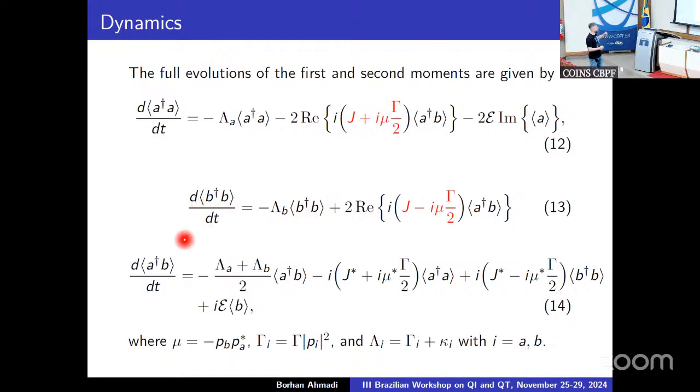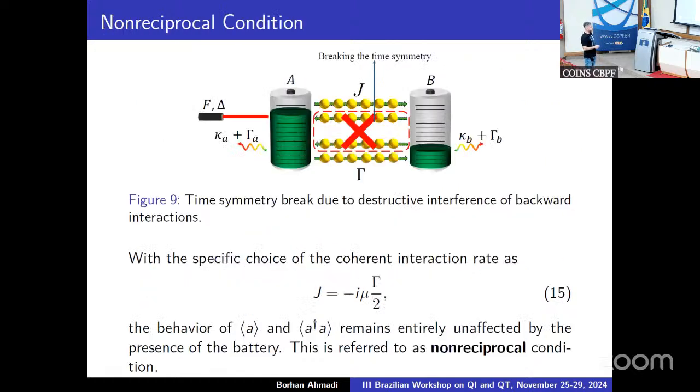This means that energy only flows from the charger to the battery with this choice. So we call it non-reciprocal for this condition, because energy flows in one direction, which leads to the breaking of the time symmetry as well. Only energy goes this way. The backward energy is blocked.